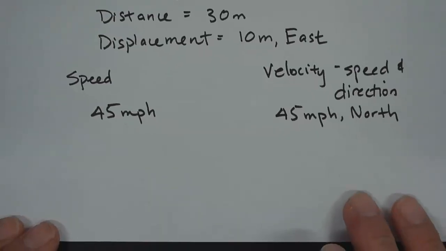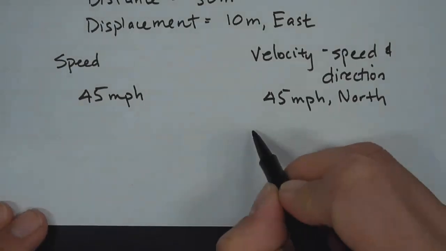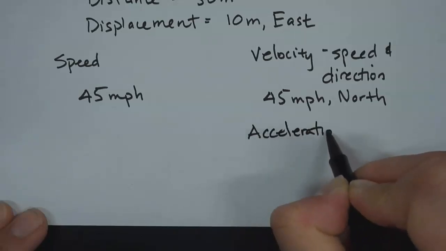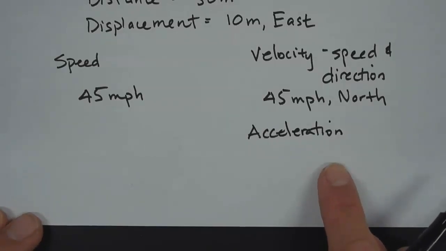Another example of a vector would be acceleration. Acceleration is the rate at which an object changes its velocity, and it not only has a magnitude but also has direction.